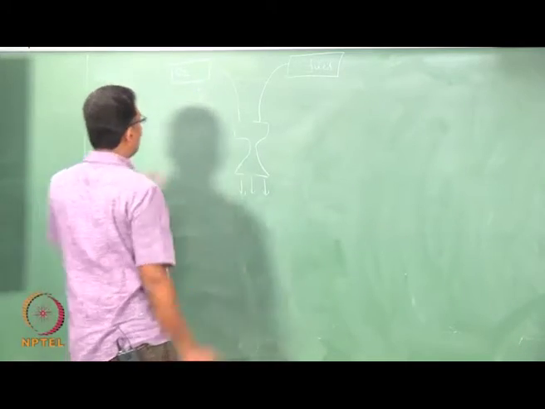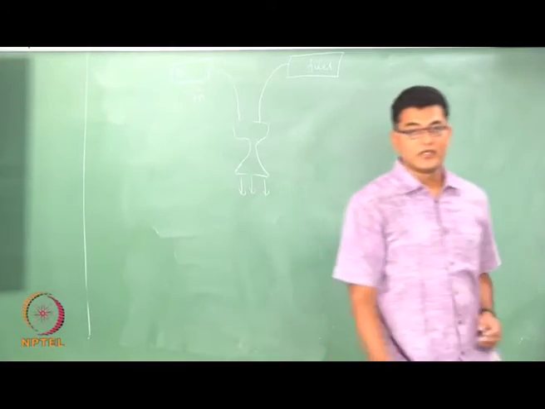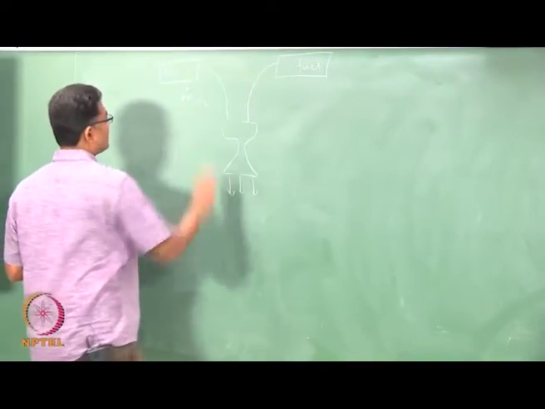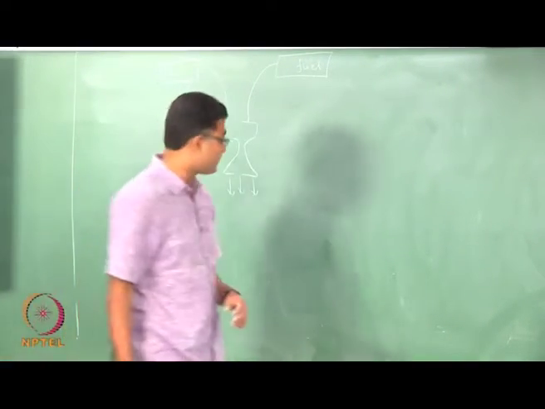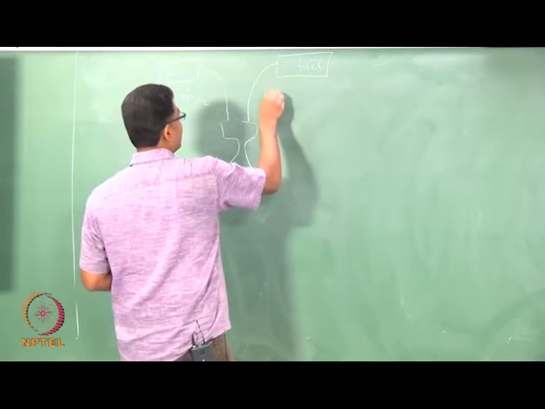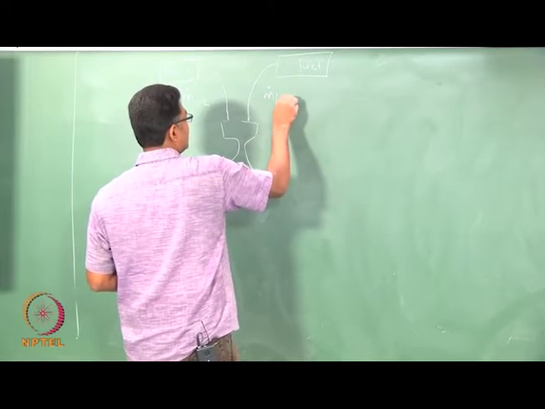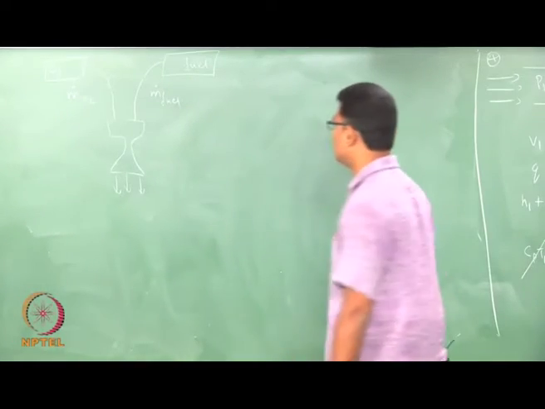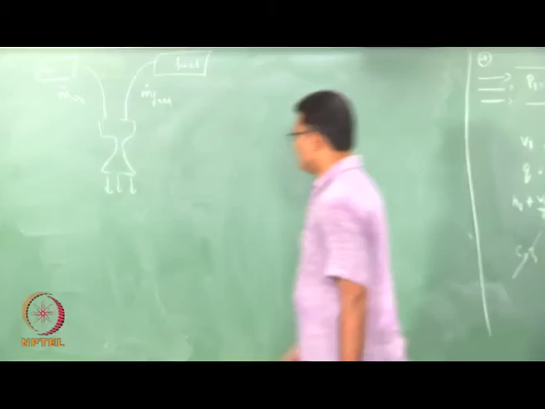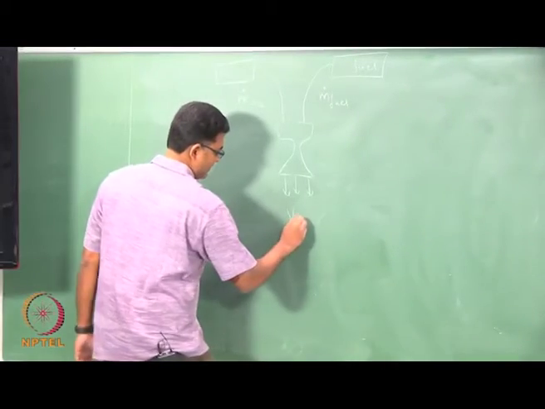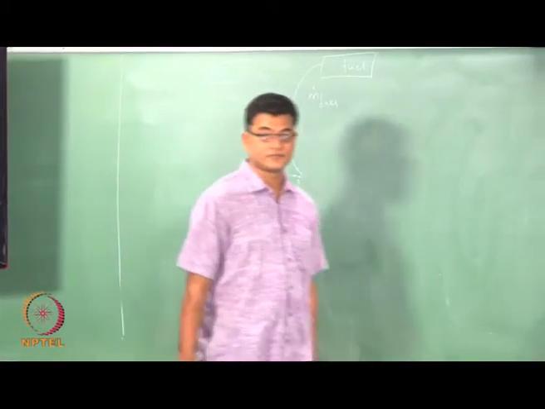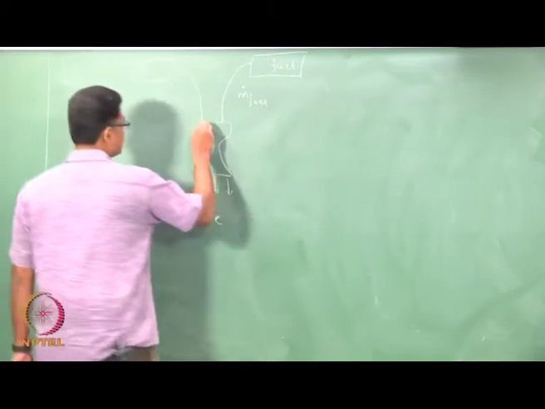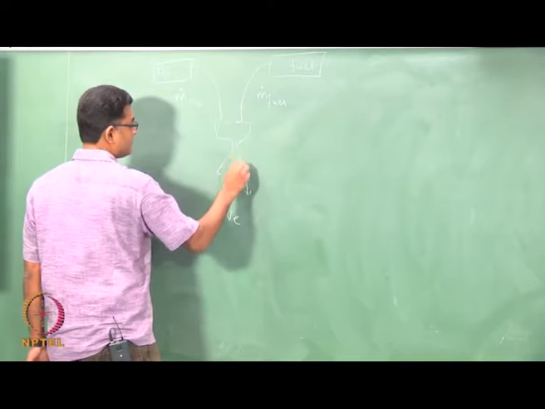The oxidizer is pumped into the rocket engine at some mass flow rate, and the fuel is again pumped into the engine at some mass flow rate. You have to find what is the exit velocity. Okay. So, this would be your control volume.